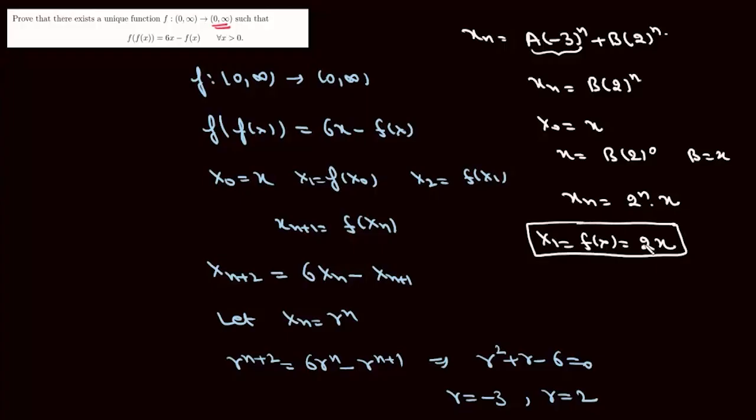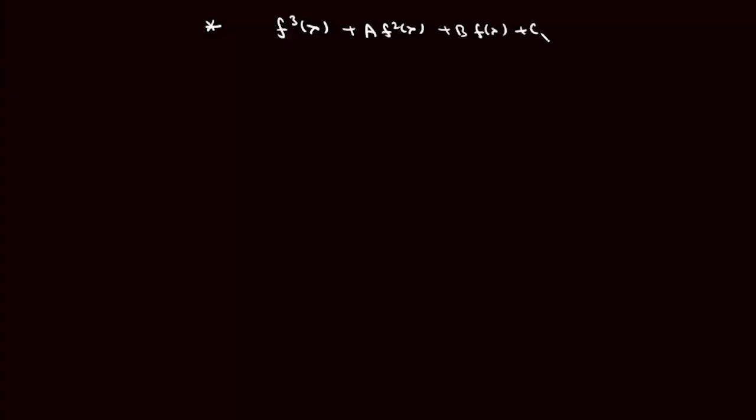So this is the standard pattern. We can use the same technique for similar questions. Say, for example, we are given f cubed of x plus a f squared of x plus b f(x) plus cx equals 0.